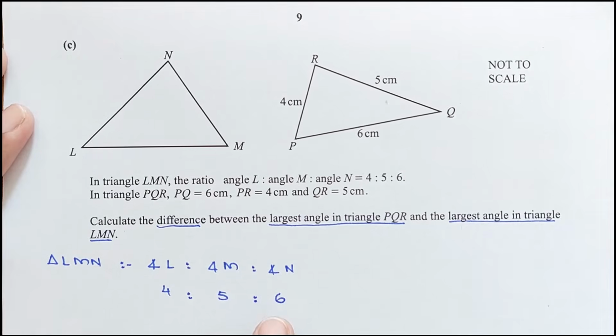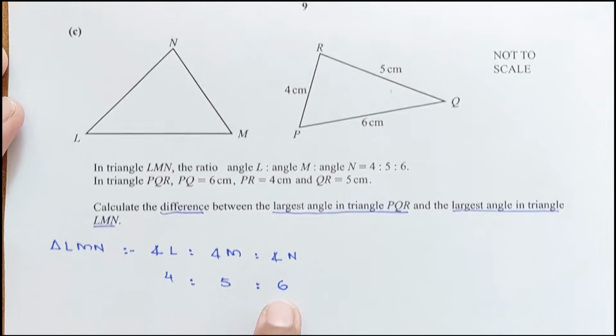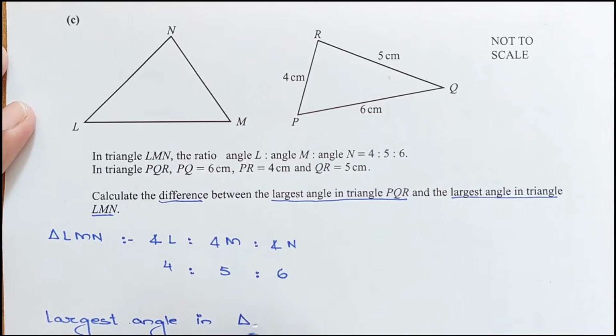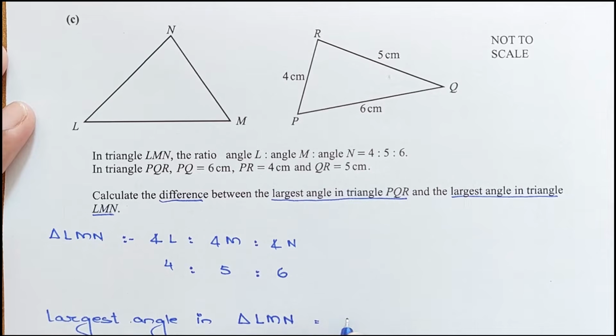So the largest one is obviously angle N, which is 6, right? So let me calculate the largest angle. Largest angle in triangle LMN is angle N, which is 6 out of the total 4, 5, 6.